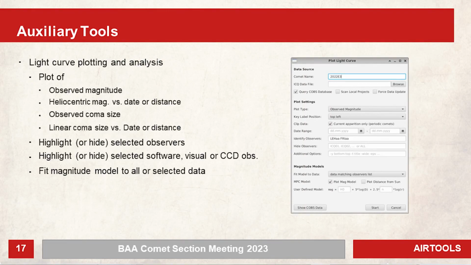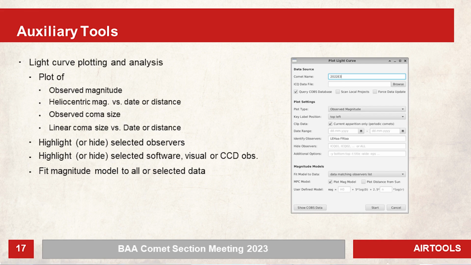And yeah, for analyzing the data of your own data, but also including the data from COBS archive, there is a light curve plotting tool provided with the software where you can plot the observed magnitude, but also the heliocentric magnitude versus date or distance.